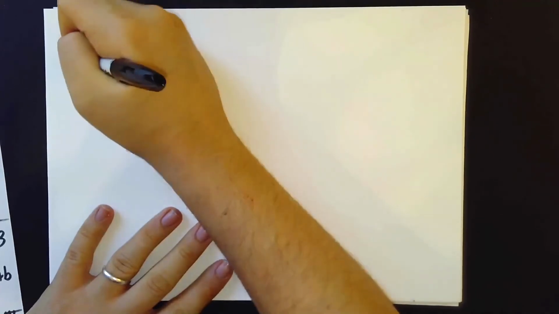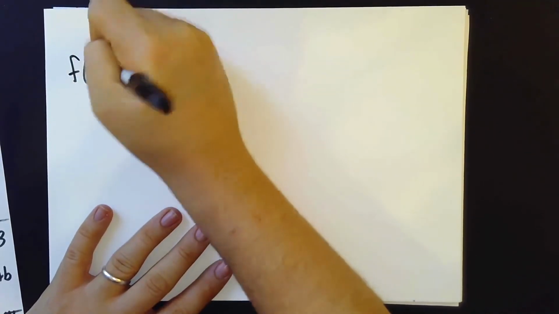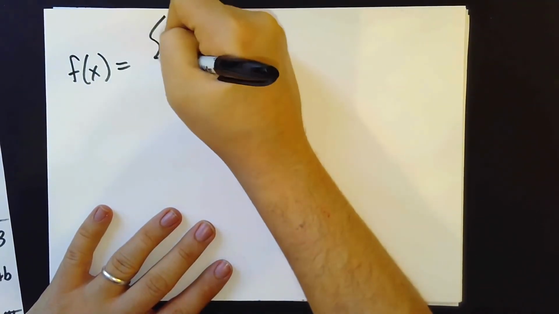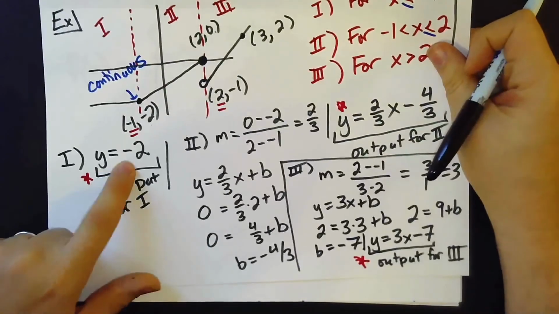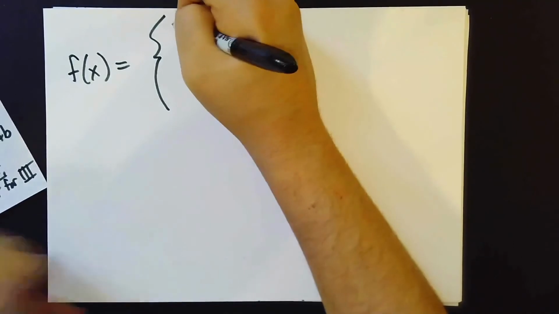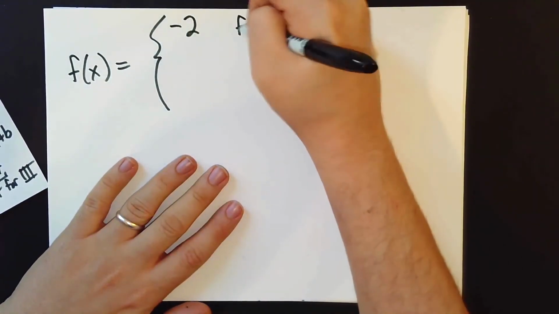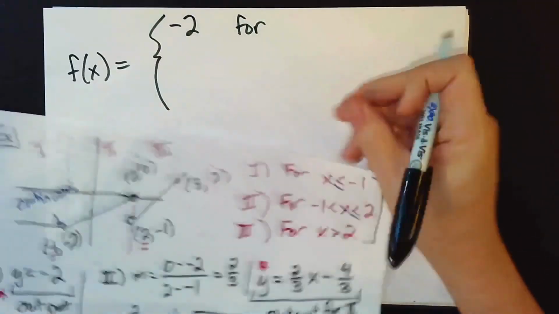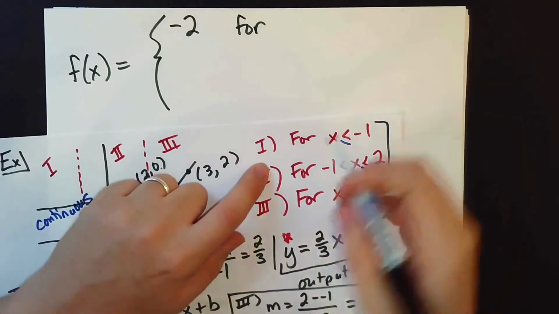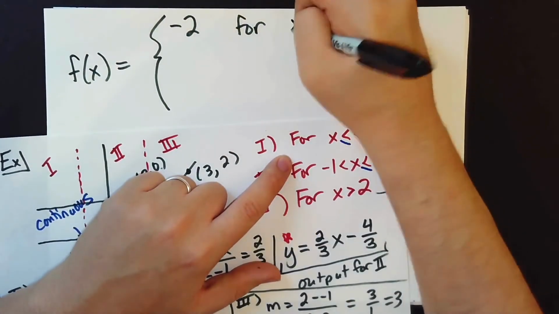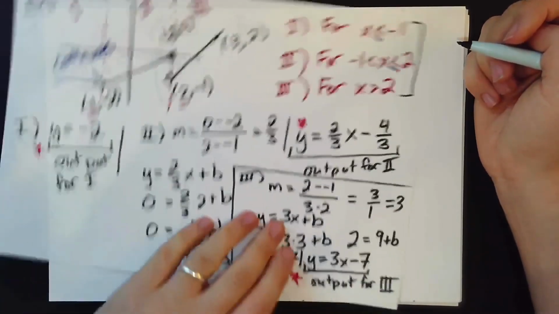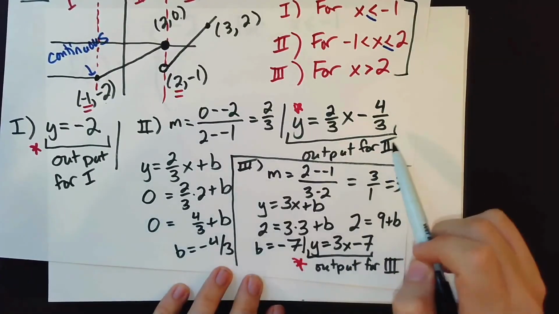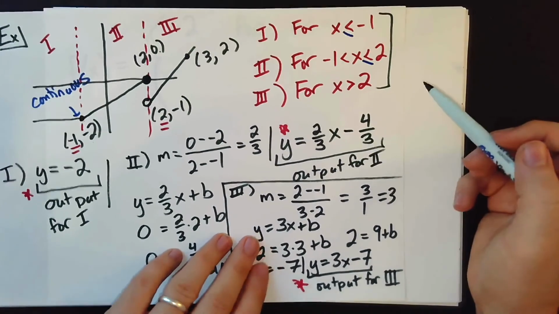That's going to look like f of x equals... Okay, and so the output for 1 was -2. And then the input was x less than or equal to -1. Output for part 2 was 2/3 x minus 4/3.